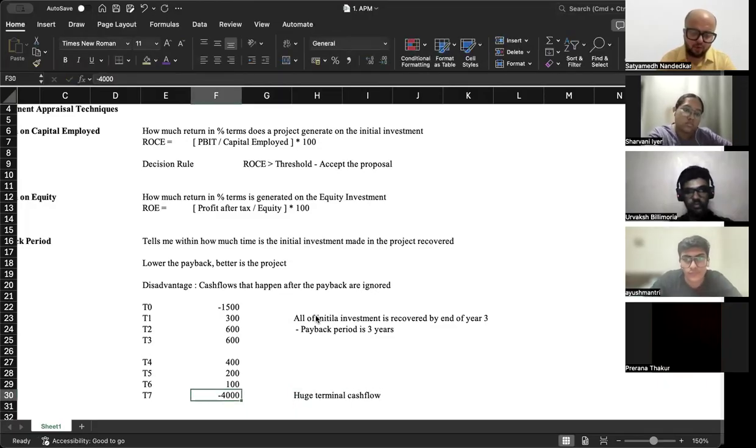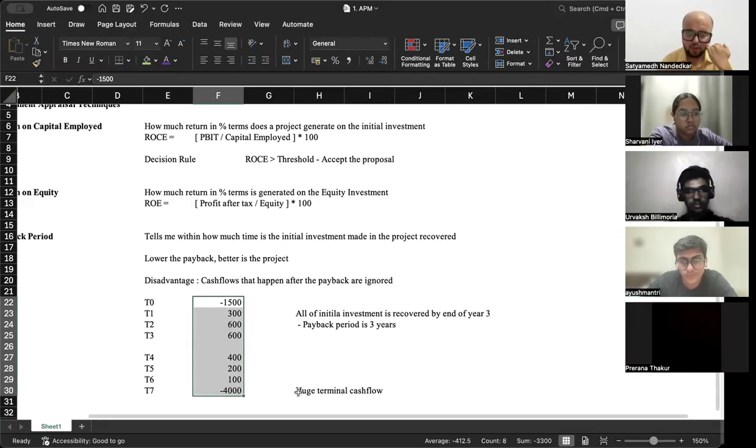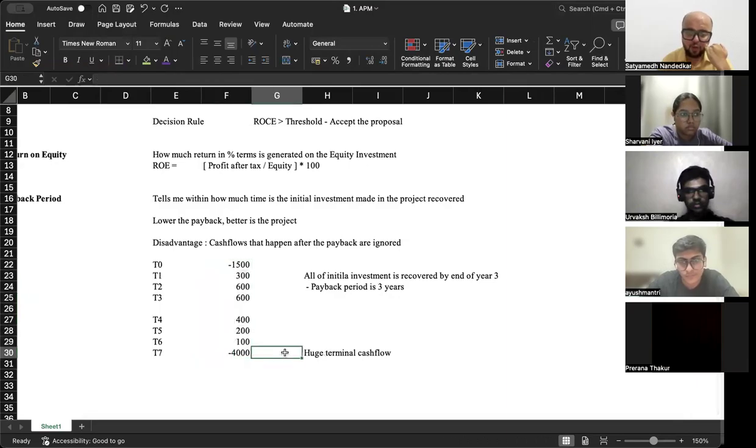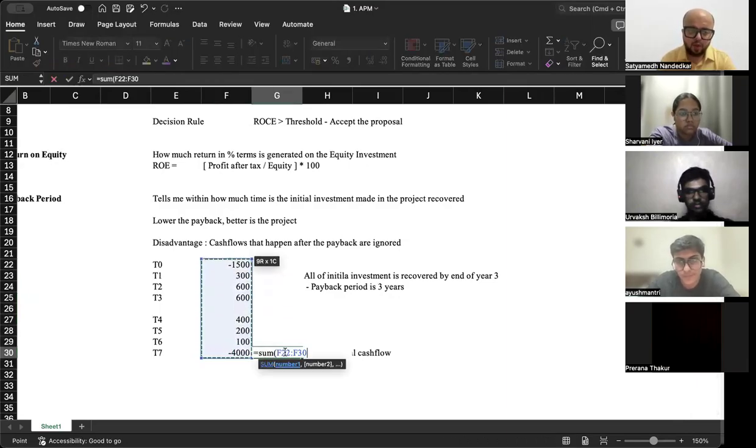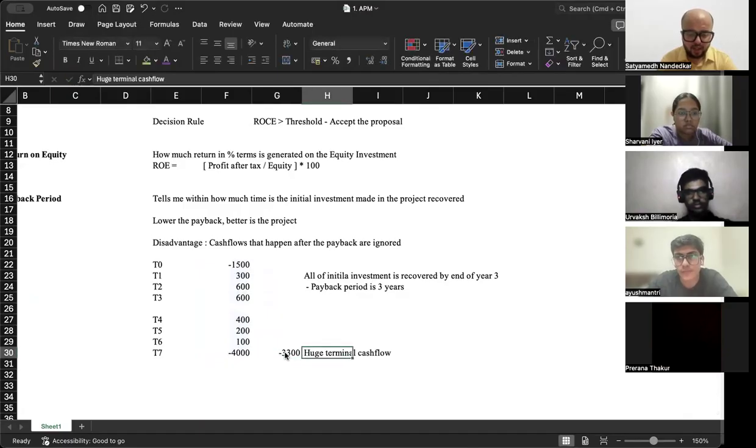And if you observe, you start with an initial investment of 1500, you move on year by year, and by the end of year 7, if you continue with the project, you are in a way out of 3300 from your pocket, right? So you looked at the project initially and you came to a conclusion that my money is paid back to me within a span of 3 years.